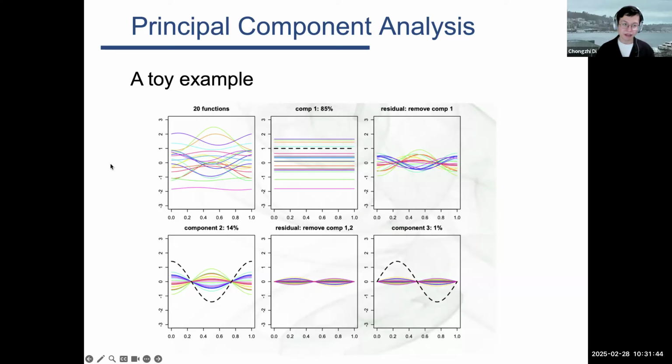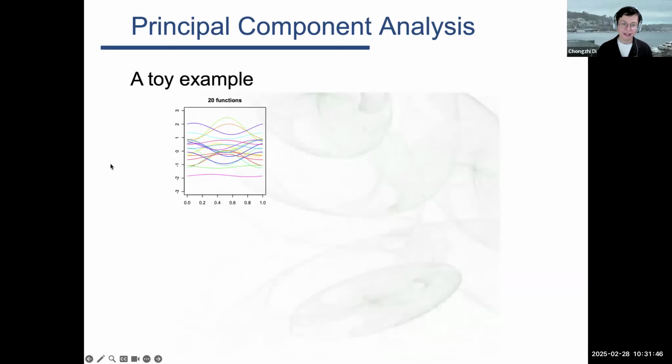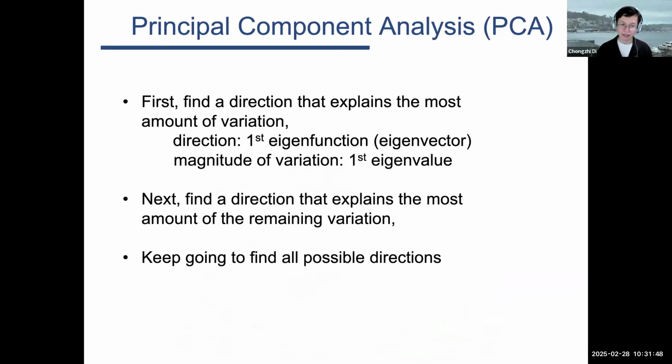So I'll go back to the methods part a little bit. Hopefully this is now a little easier to understand. How we do this in practice is we first try to find a direction that explains the most variation, and that direction is what we often call the first eigenfunction or eigenvector.